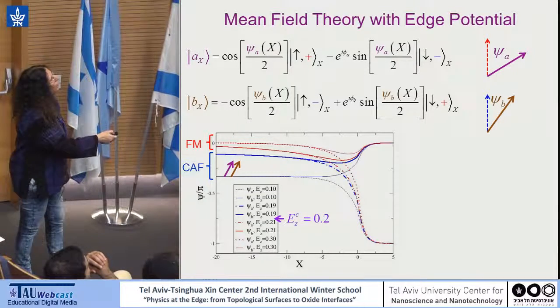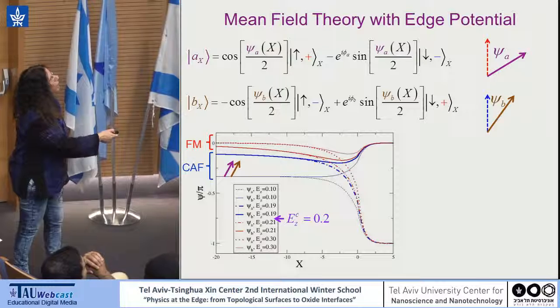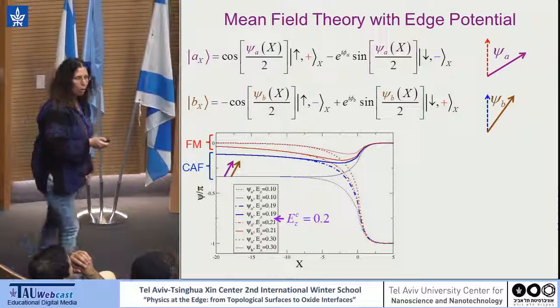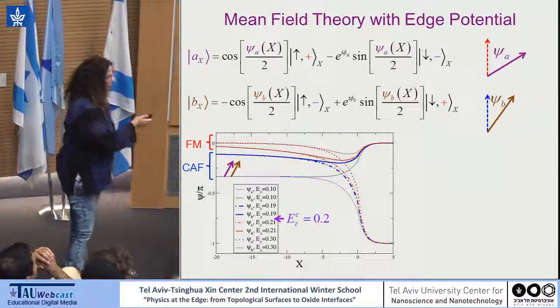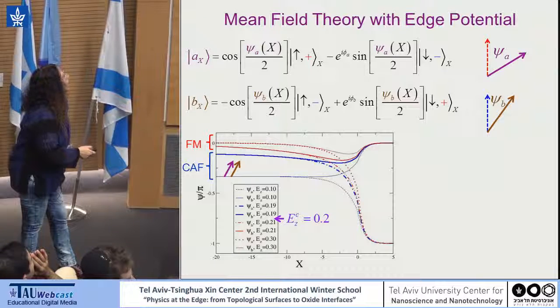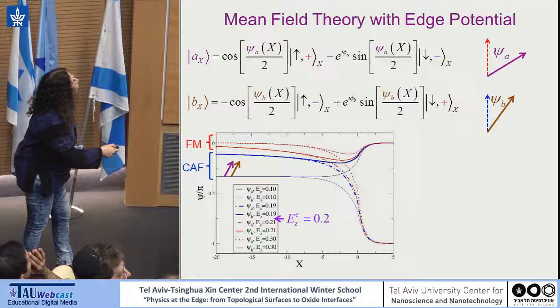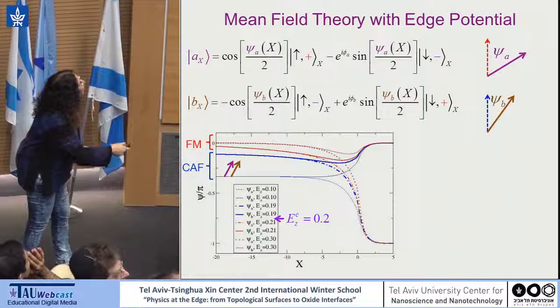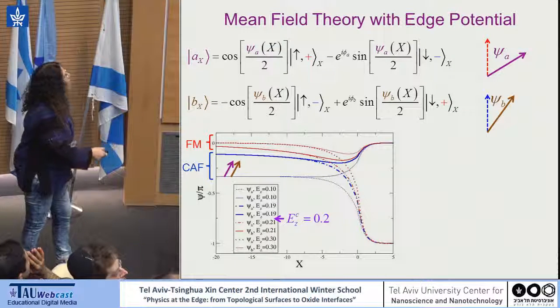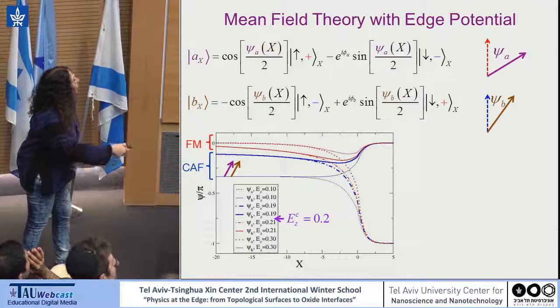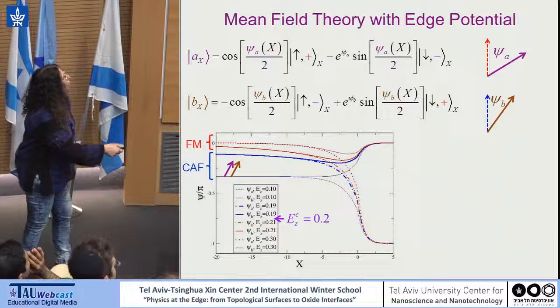So for arbitrary canting angles, they don't have a well-defined spin or valley. It's some linear combination. And what I plot here is these canting angles. One is the extended line and the other is the dotted line as a function of the guiding center, where this is the edge on the right.